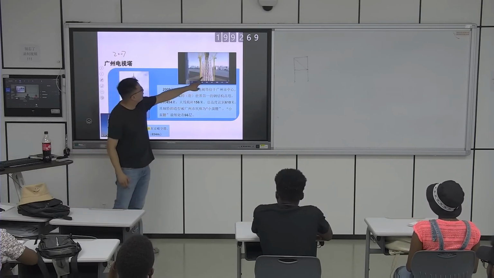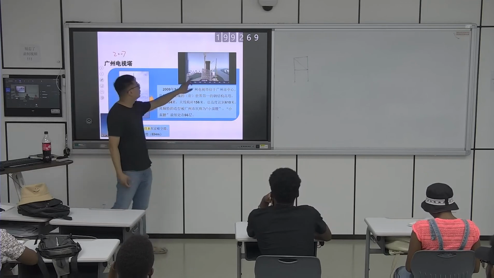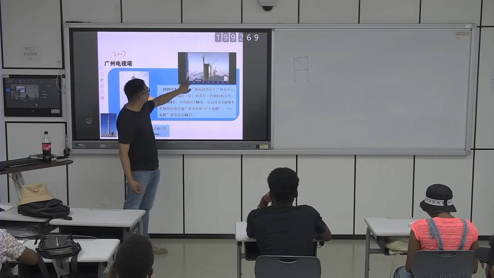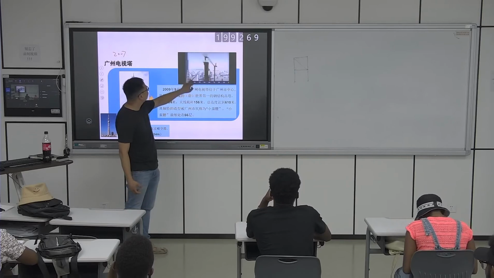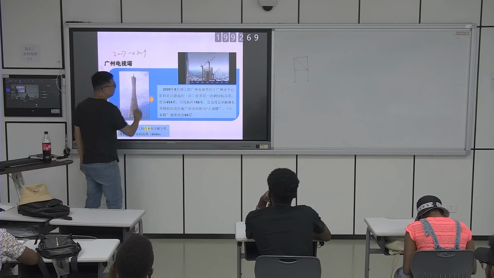This is the construction part. In the central there is the cone, the sports cone, and the construction. It took almost 2 years to finish building it.